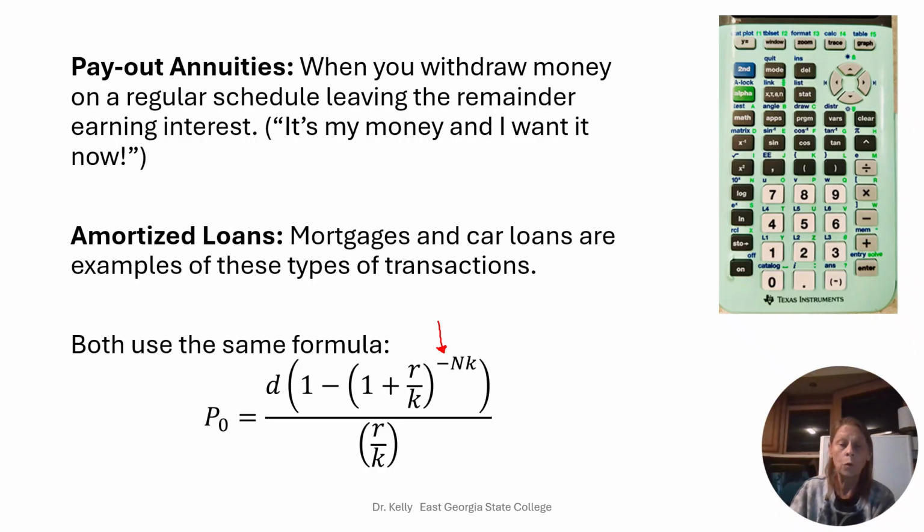And how you are going to handle that on your calculator is this button right here. This is the button that you push before you enter in that negative number. Okay? We don't use the minus sign, because that means subtraction, and this means the negative of this product, these two numbers multiplied together.